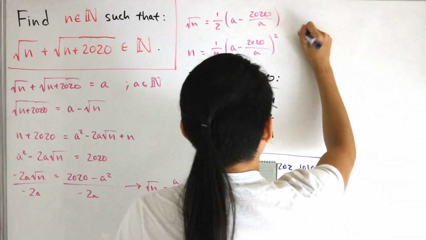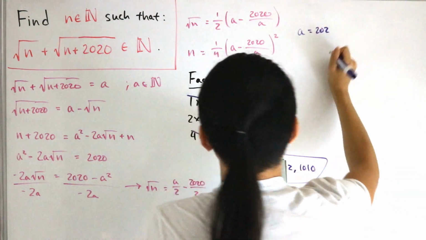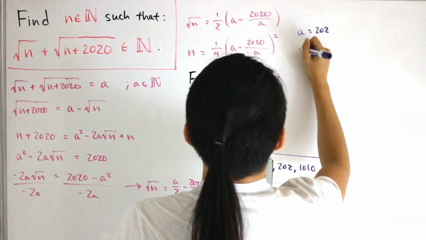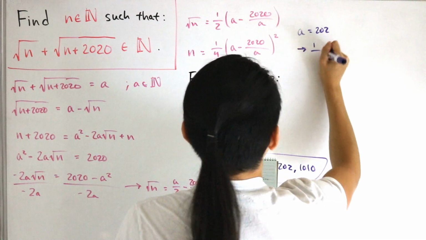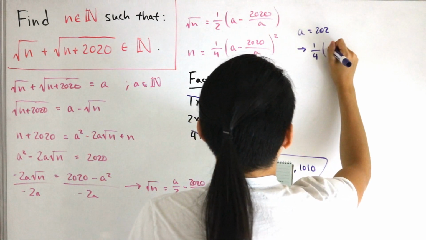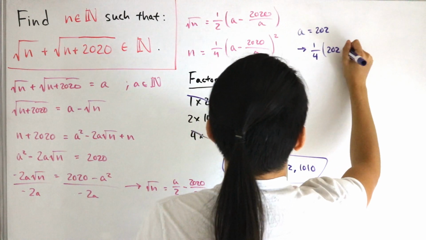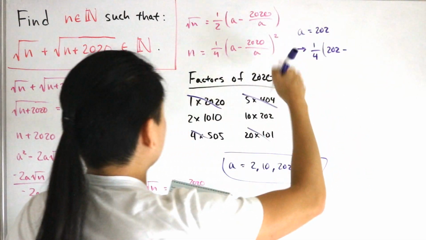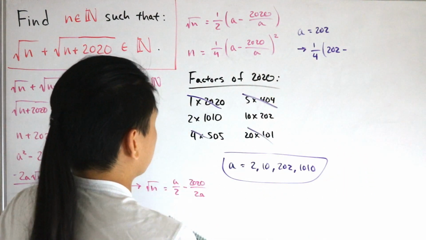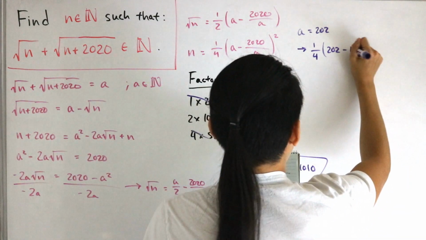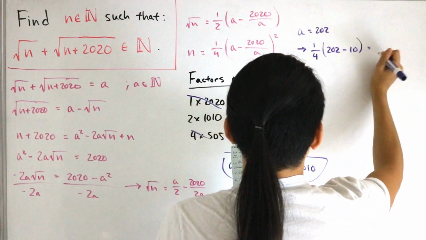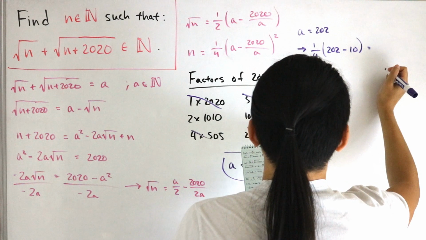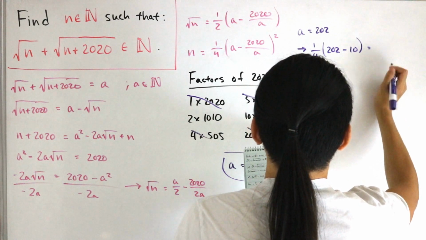So if I plug in A is equal to 202, that means I have 1 divided by 4, then multiply with 202, then minus 2020 divided by 202, which is a factor, so that's going to be 10. And so 202 minus 10 is going to yield us 192.